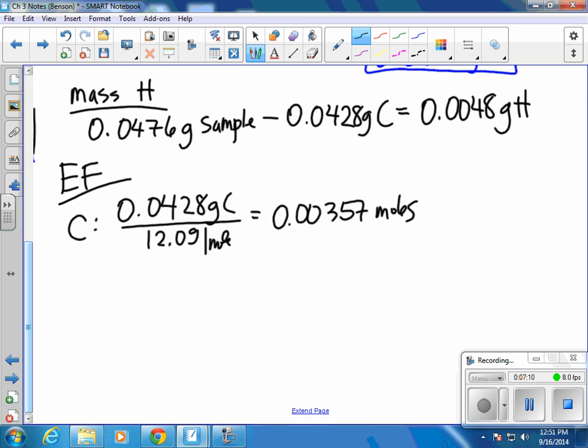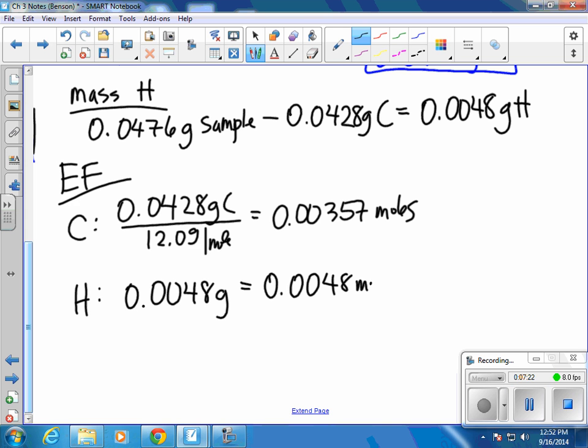I will do the same thing for hydrogen. Because I have 0.0048 grams and the molar mass of hydrogen is 1, I know that I have 0.0048 moles of hydrogen. And remember, for empirical formula, to find the ratio, I divide by the smallest number of moles, which would be for the carbon.